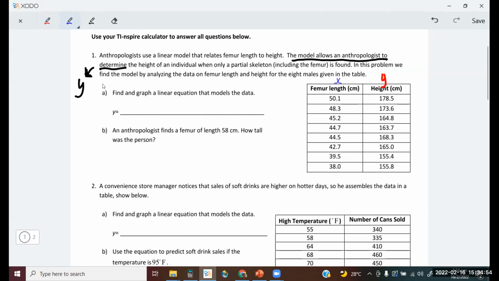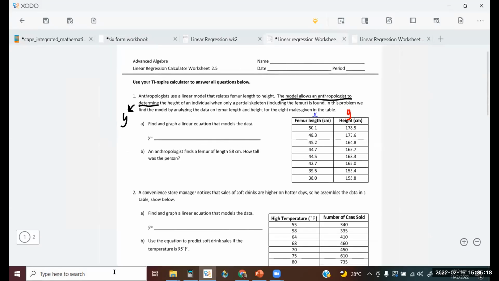Now from this question, we need to find a graph that can model this equation, model all of these points. Jamie, we're going to do it the two ways, using the two formulas. I need another blank document. Open the blank PowerPoint.